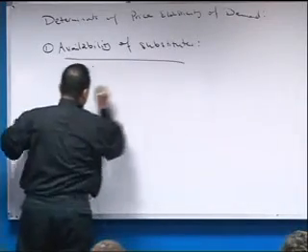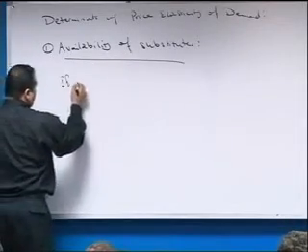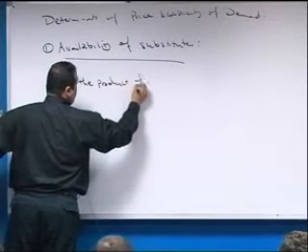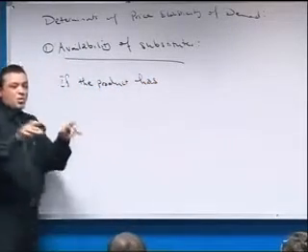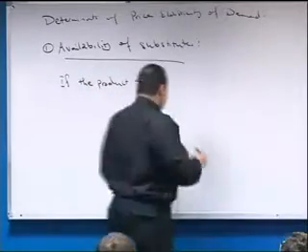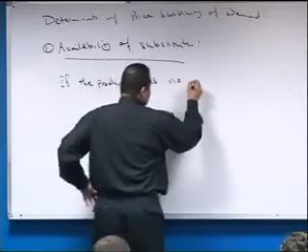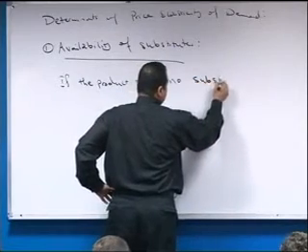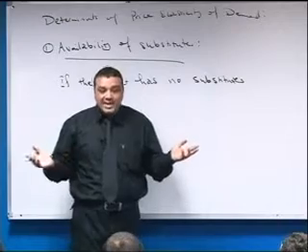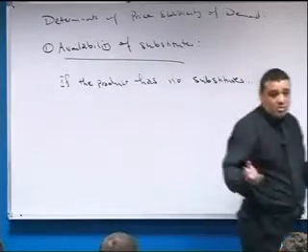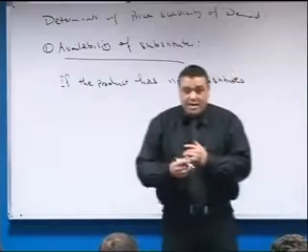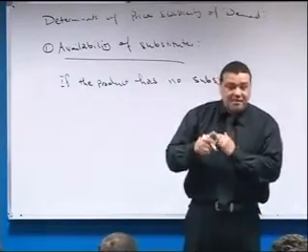If the product has a few alternatives or has no alternatives or substitutes, like the demand for insulin for the diabetic patient or the demand for flour, there is no alternative for insulin, there is no alternative for flour.